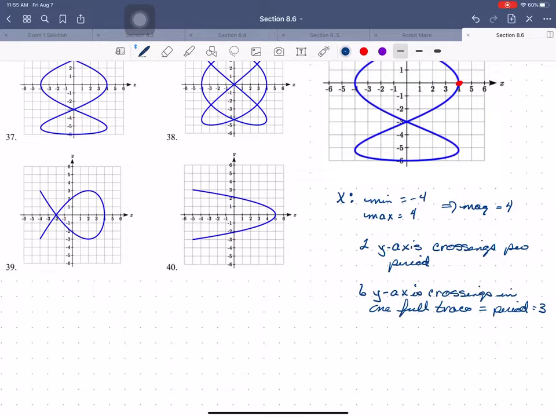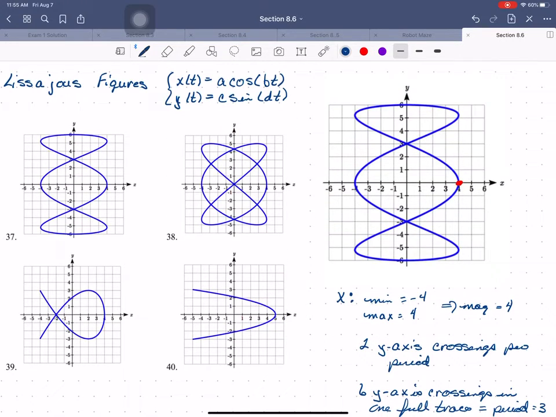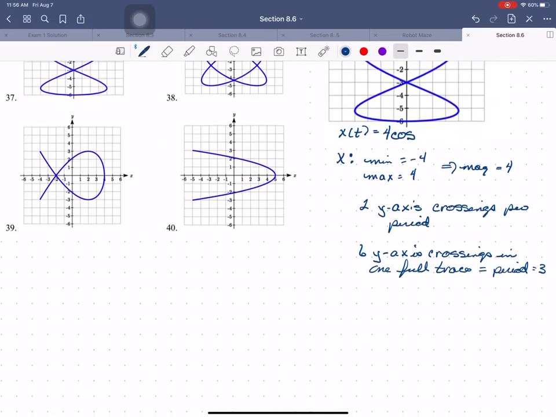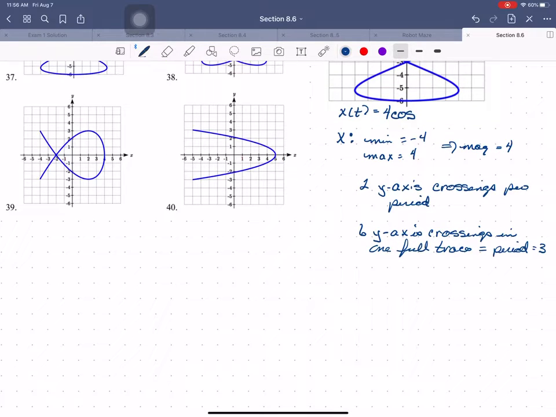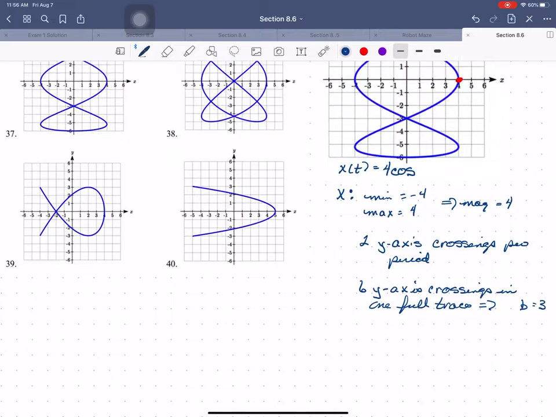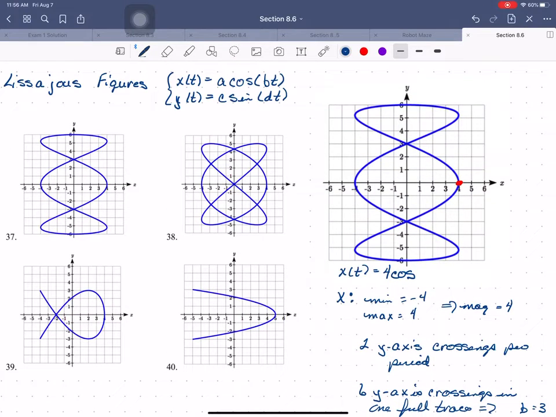So that means my x function is my amplitude. Actually, that's not my period. That's the inverse of my period. That's my frequency. Actually, what this is, that means that my internal multiplier is 3. And we're going to check me here in a minute.